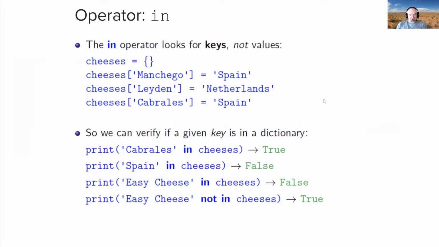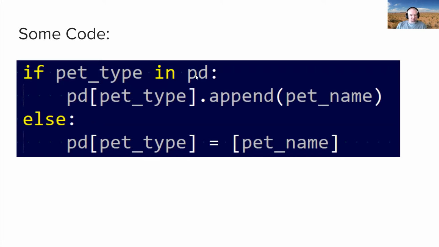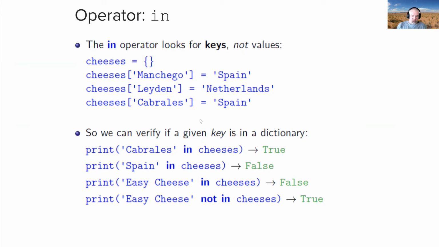And so the operator in, which we literally just talked about here, pet type in PD, we've talked about a little bit before. I'm just going to do a quick recap of it right now. The in operator looks for keys, not values, when you're working with dictionaries. If you're doing something in a dictionary, it'll look to see if that something is in the keys of the dictionary, right?